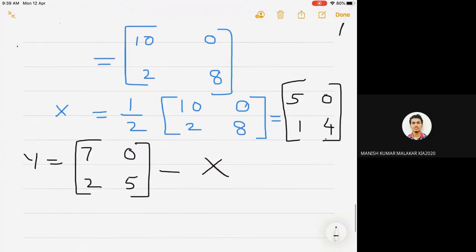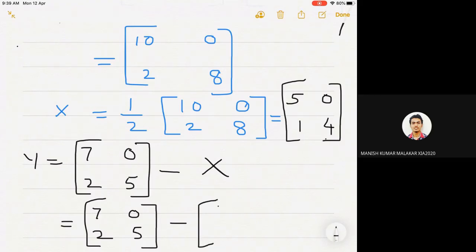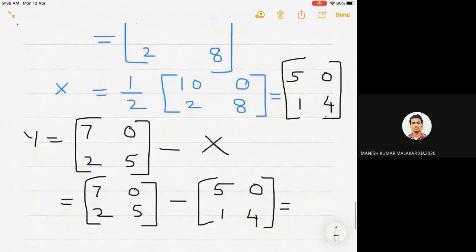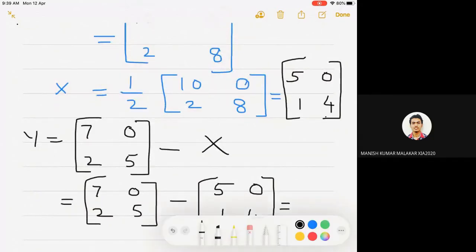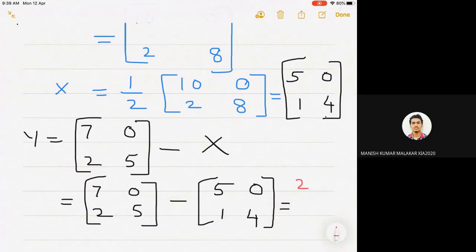And that will be 7025 minus x, which is 5014. So this is subtraction. The corresponding elements you have to subtract: 7 minus 5, that is 2, 0 minus 0, 0 minus 0, that is 0, 2 minus 1, 1, 5 minus 4, 1. This is the answer. So we got the value of x and y.